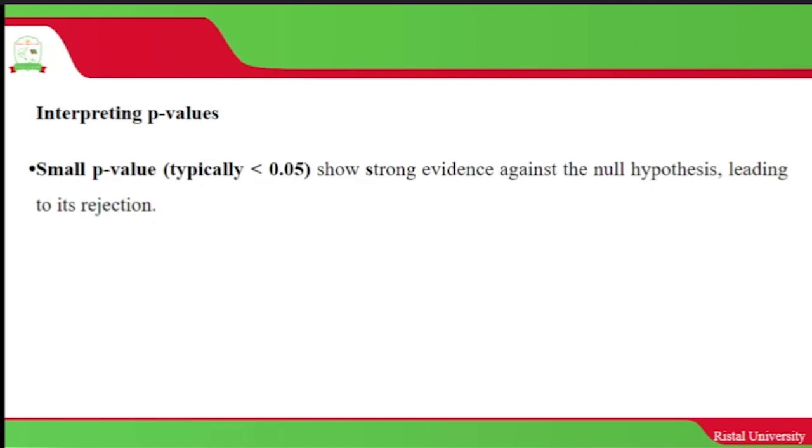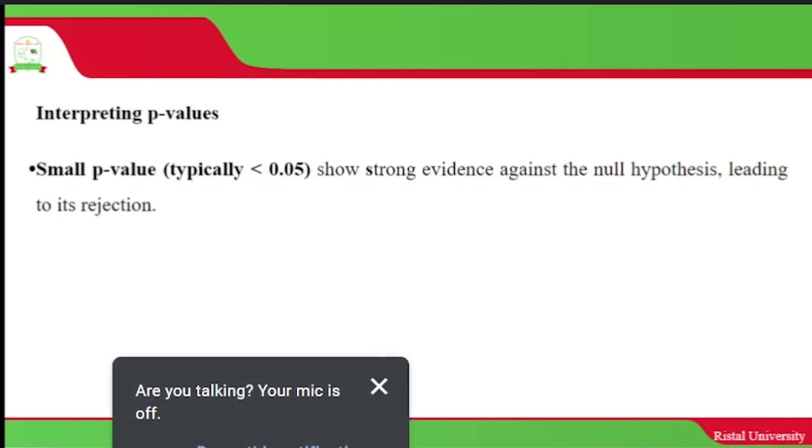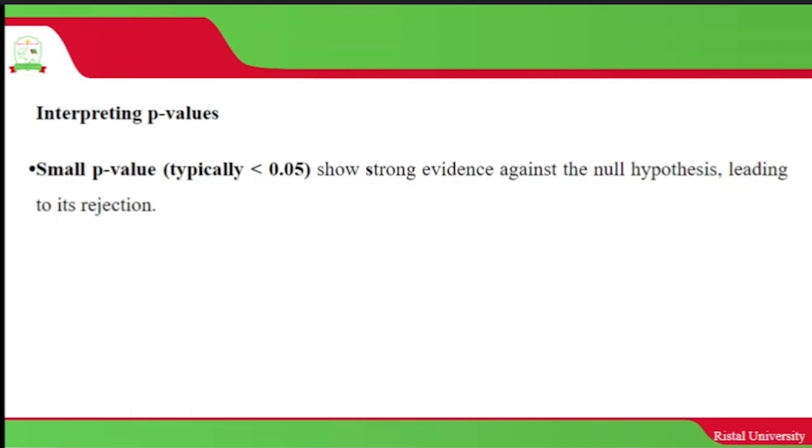Typically, because we talked about the 95% confidence interval being the most commonly used in public health, the 0.05 level is used to determine how strong the evidence is against a null or how weak the evidence is against a null.